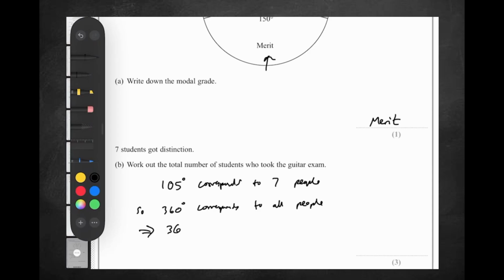Therefore, 360 divided by 105 equals all the people divided by 7. Therefore, all the people equals 7 times 360 over 105. And I'm going to do that on my calculator. So 7 times 360 divided by 105 gives 24.